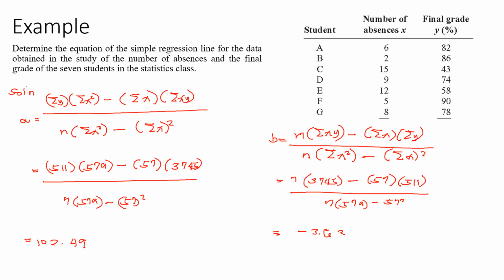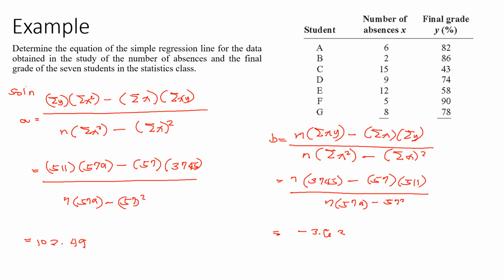The regression line will always pass through the point whose x coordinate is the mean of the x values, and whose y coordinate is the mean of the y values, that is x-bar, y-bar.